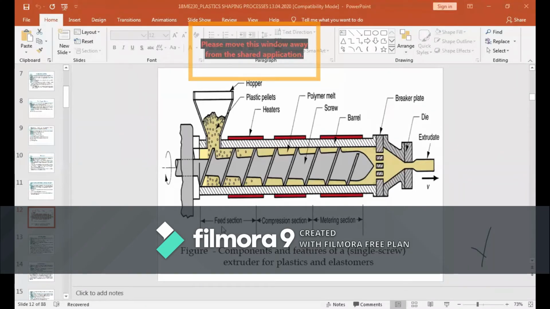This whole feed section is where I'm going to feed your raw material, the plastic in the form of a pellet or a powder. After that I'm going to heat this pellet or polymer material by means of an electric heater, that will melt your polymer material or pellet.